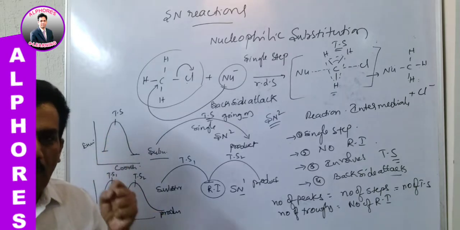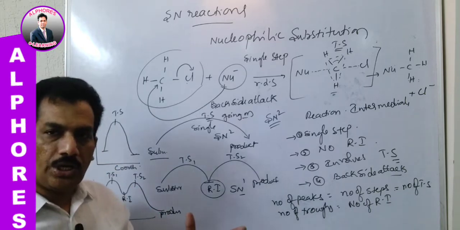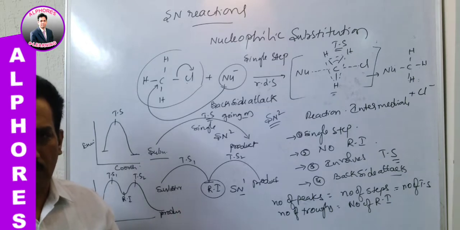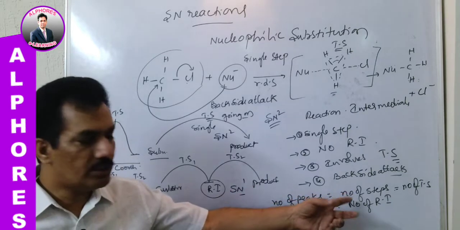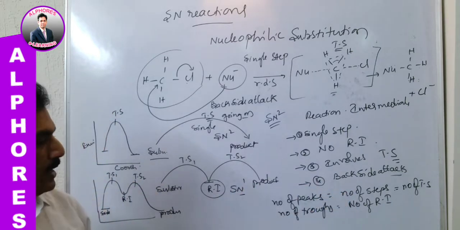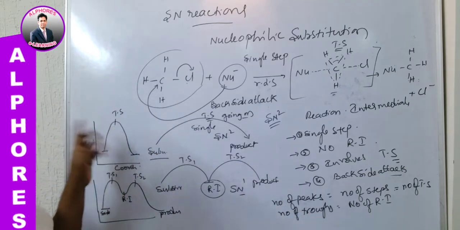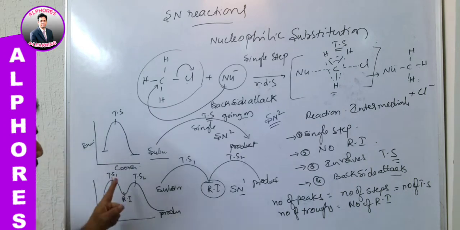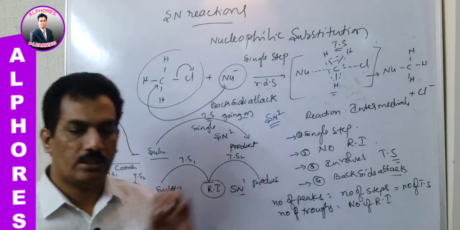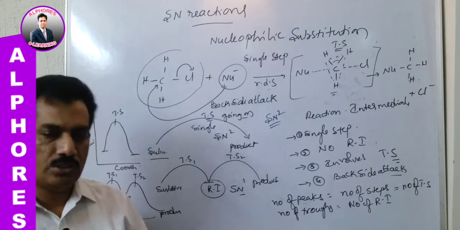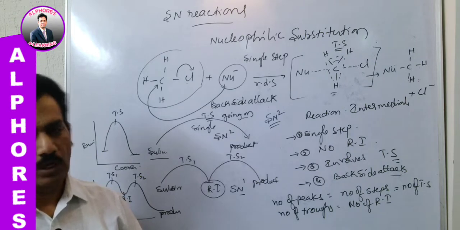If the energy diagram has 3 peaks, 3 steps and 3 transition states. Here there is no trough, thereby no reaction intermediate. But here there is 1 trough, thereby the number of reaction intermediates is 1. If it has 2 troughs, then the number of reaction intermediates is 2. Clear?